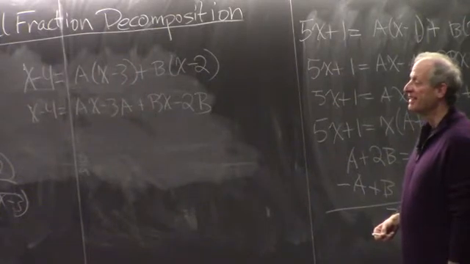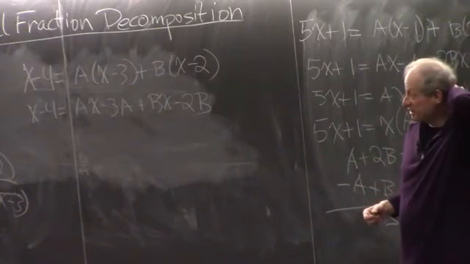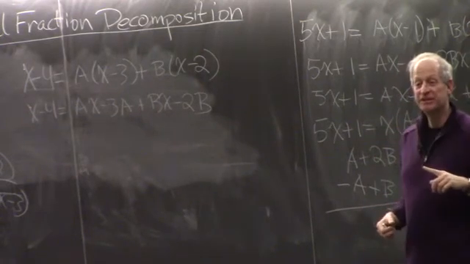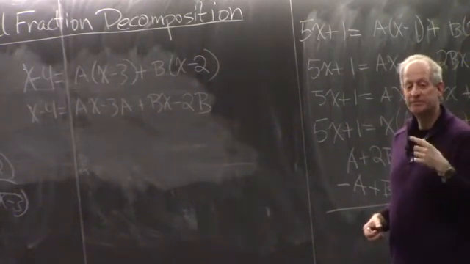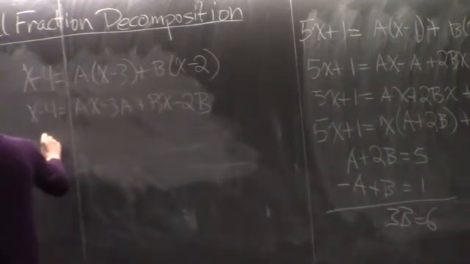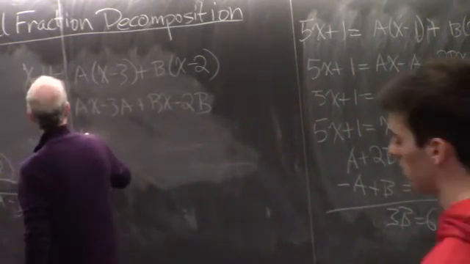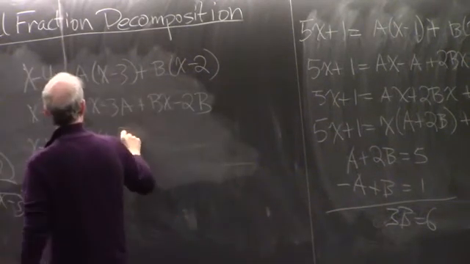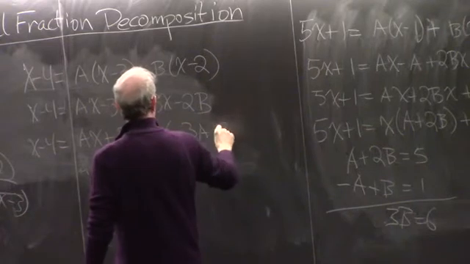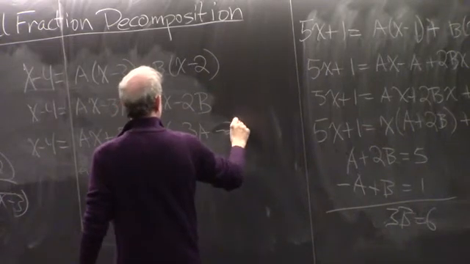I just said that. It doesn't matter which one is over x minus 3 and which one's over x minus 2, as long as you factor it correctly. That's the hard part. So make that ax plus bx plus minus 3a minus 2b.